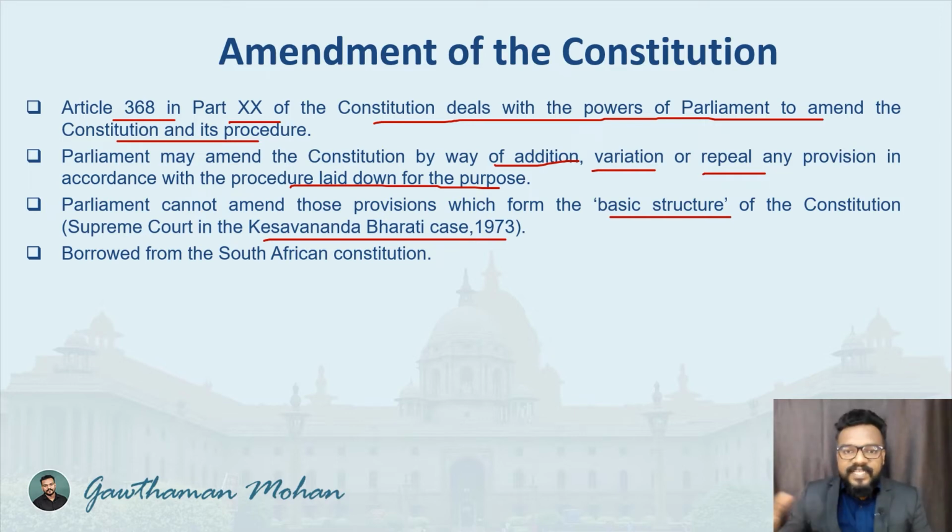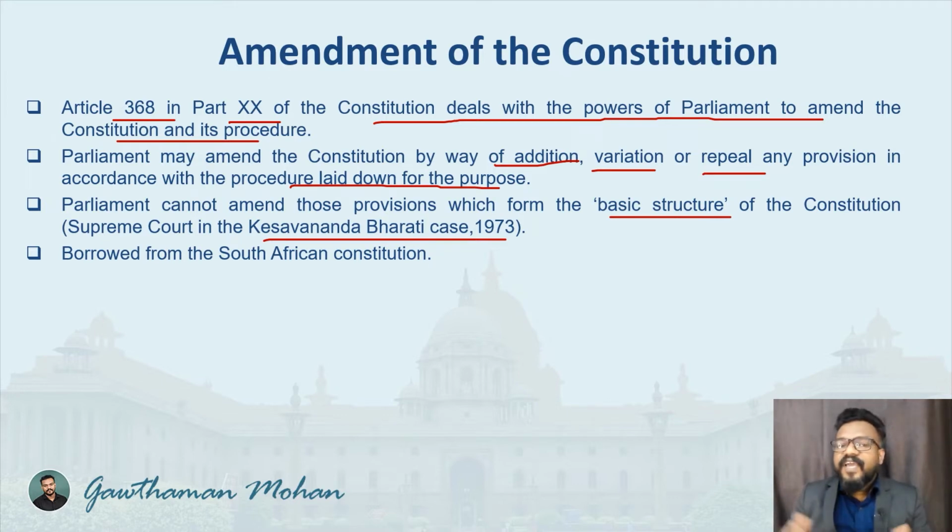So certain provisions are added into this basic structure. Whenever the Parliament makes amendments to our constitution, it should not change the basic structure. That is why the Keshavananda Bharati case in the year 1973 is one of the prominent cases in relation to the Indian Constitution and its provisions.